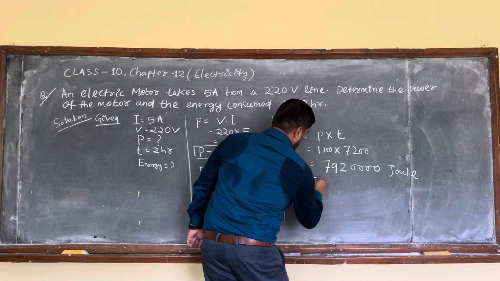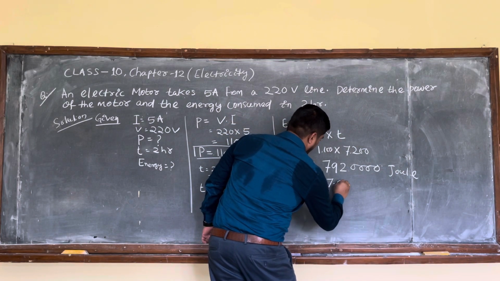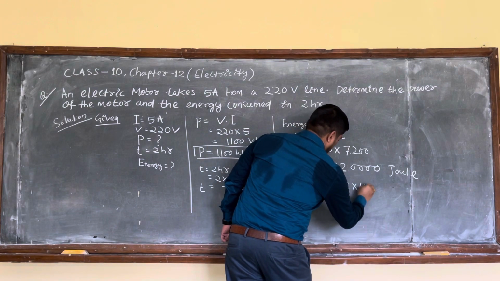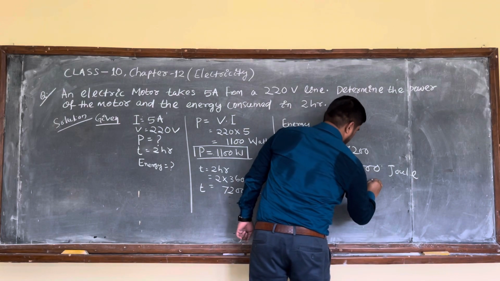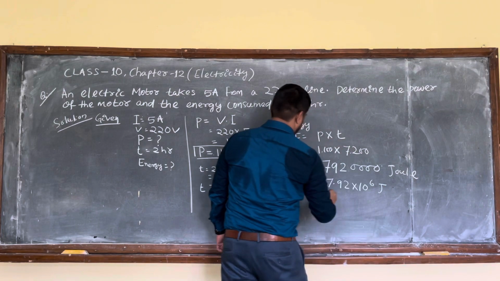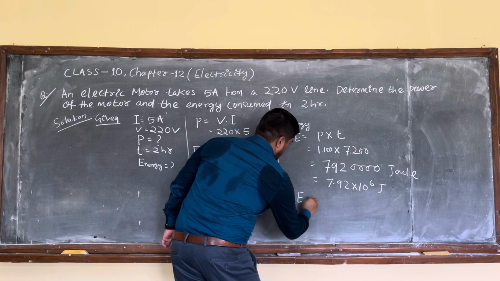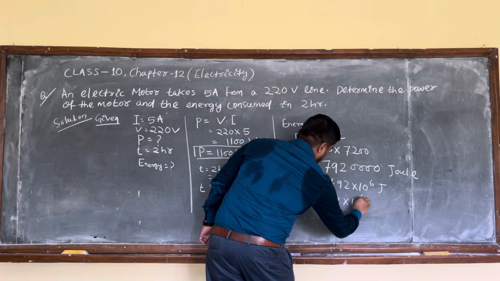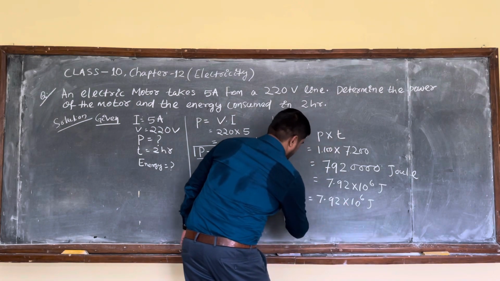So you can write this as 7.92 into 10 to the power 6 joule. So energy will be 7.92 into 10 to the power 6 joule.